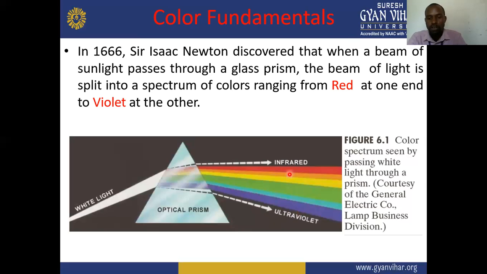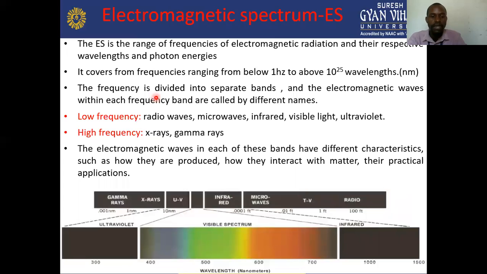To be able to visualize how these different wavelengths occur, we are going to use an electromagnetic spectrum to check that. So this electromagnetic spectrum is basically a range of frequencies, and these frequencies are represented in terms of nanometers.